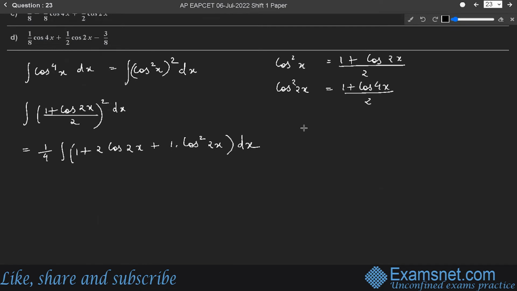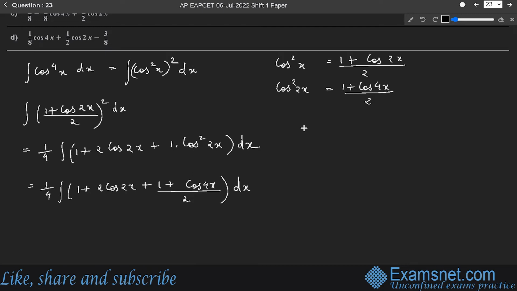We know the value for cos square 2x. So substituting it, it will be 1 by 4 into integral of (1 plus 2 cos 2x plus (1 plus cos 4x) divided by 2) dx.